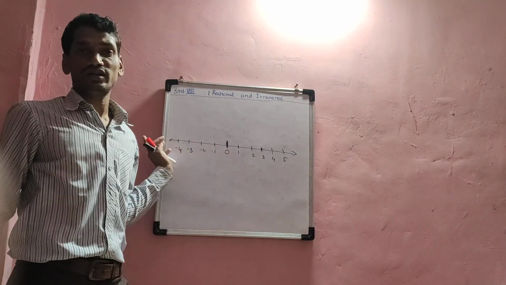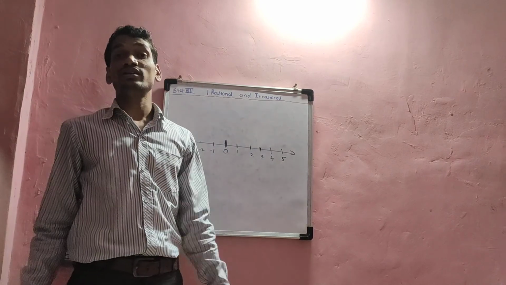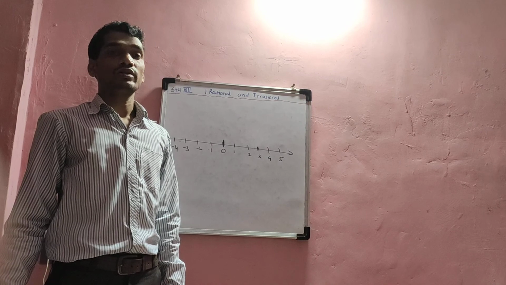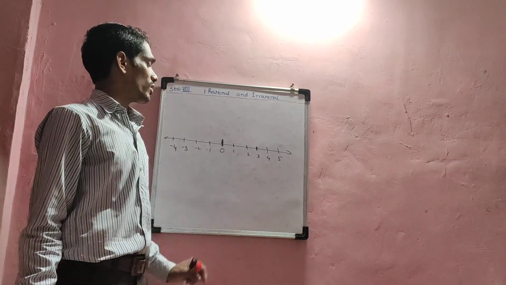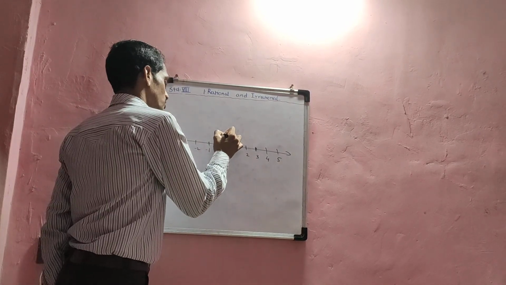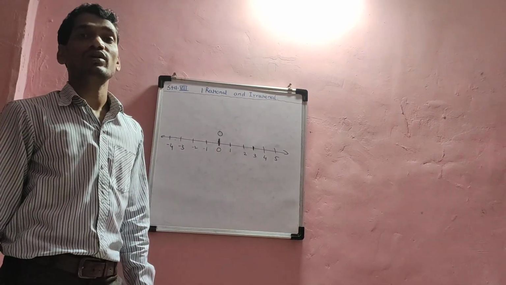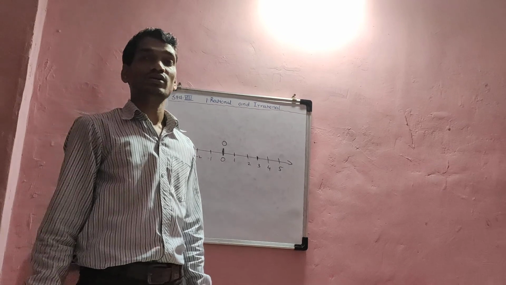Left side, negative numbers. Right side, positive numbers. The point we had taken as 0 is represented by point O, we call it the origin.